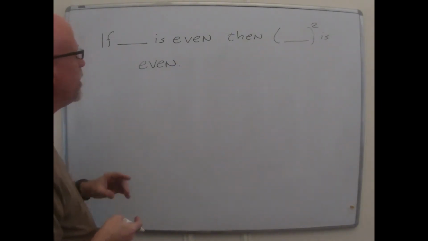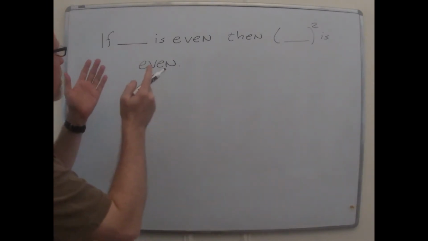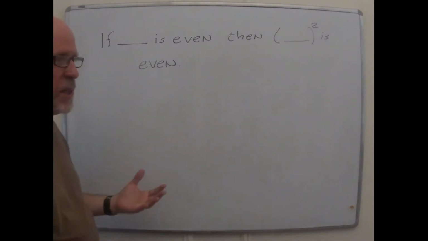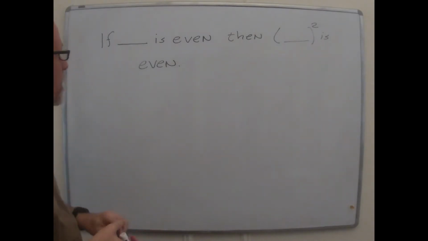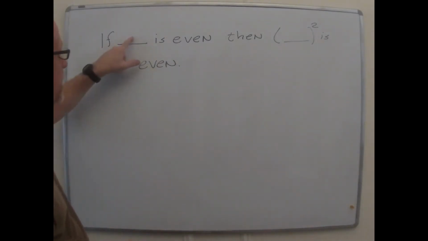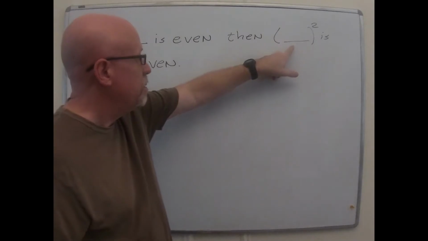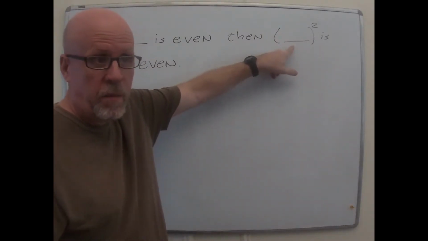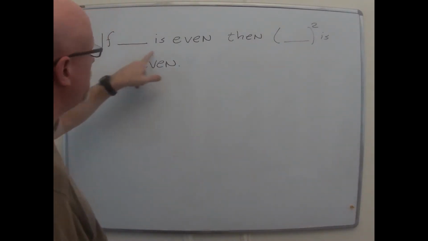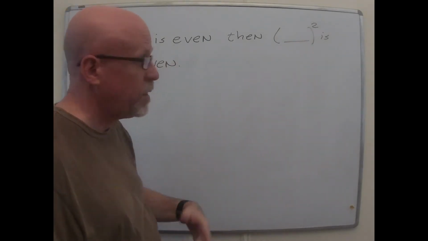But the problem is that if I have blanks there, I feel like you can fill anything into them. I could say if 8 is even, then pick something else for this blank, like 7. Right? So it says if 8 is even, then 7 squared is even, and that's crap.